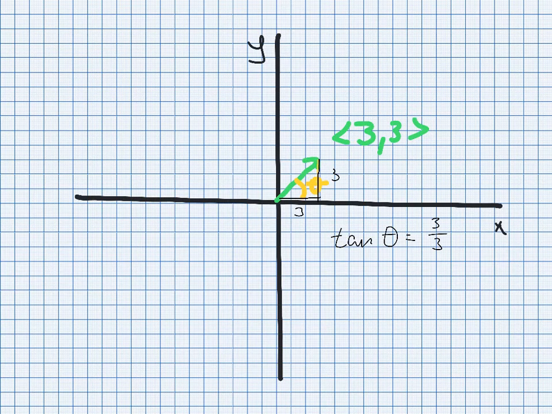And then to find theta, theta equals simply the inverse tangent of 3 over 3. And so theta equals 45 degrees, or pi over 4 radians. And we choose 45 or pi over 4 based on the fact that we know this is in the first quadrant. Fairly straightforward.